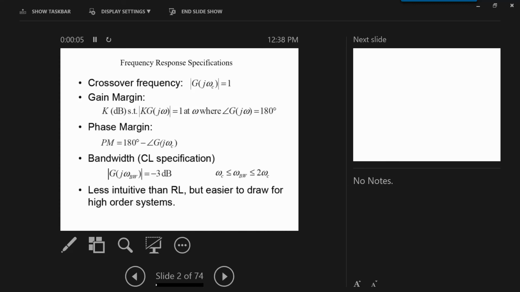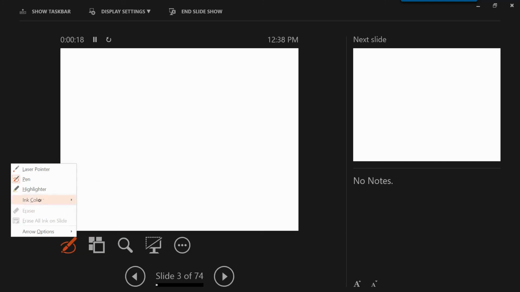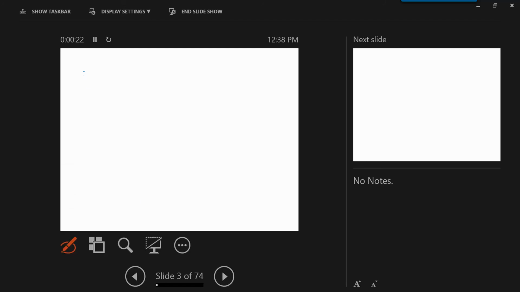So what do I mean here? Okay, what I mean is the following. If I have a system, and I will take an arbitrary system here, this is my system. Okay, so I have the magnitude plot. This is the 0 dB line, and this is the log of omega over omega c, whatever.